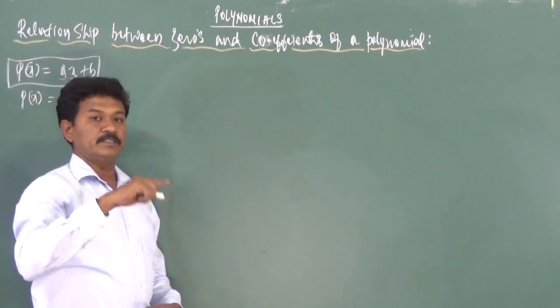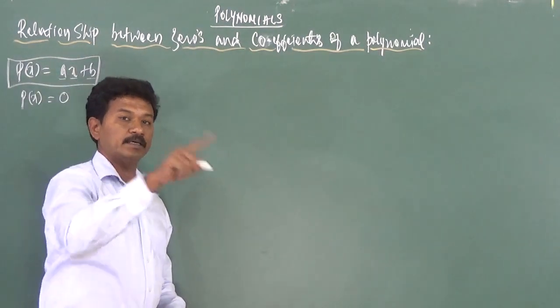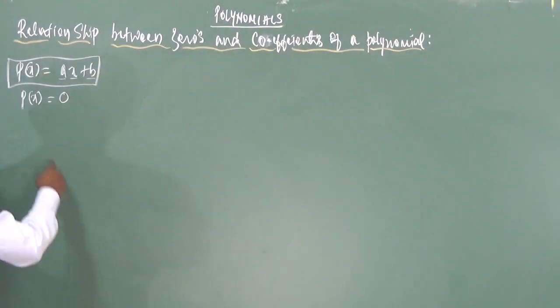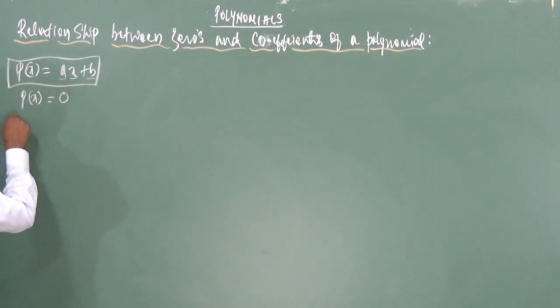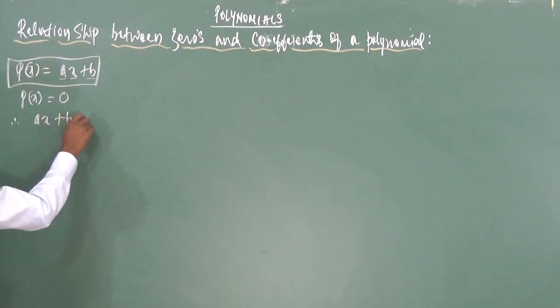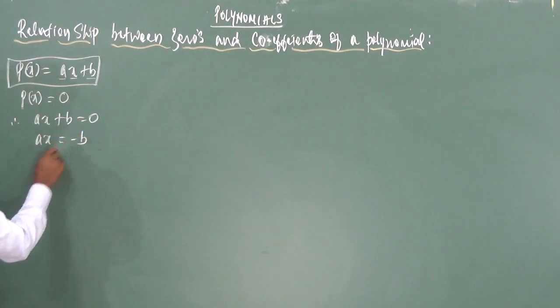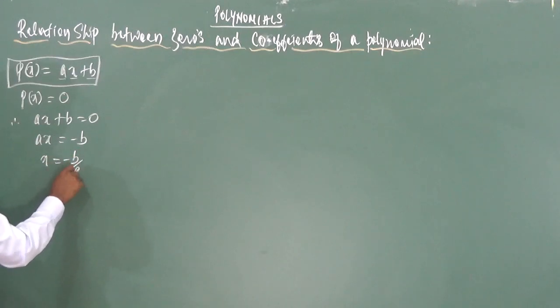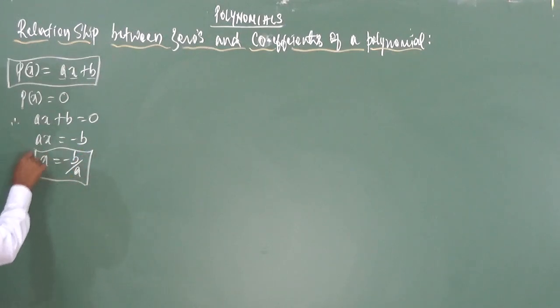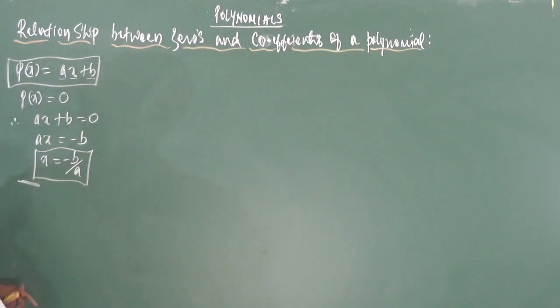So ax plus b is equal to 0, so ax is equal to minus b, so x is equal to minus b by a. This is the zero of the polynomial. We will go into the deeper meaning of this.